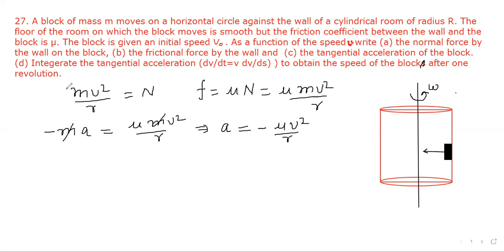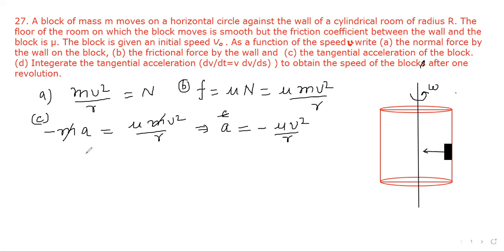Now, this is the answer to part A and this is the answer to part B. In part B, the frictional force by the wall, this is the answer to part B. And in part C, the tangential acceleration of the block is to be found. So this value is the answer to part C.